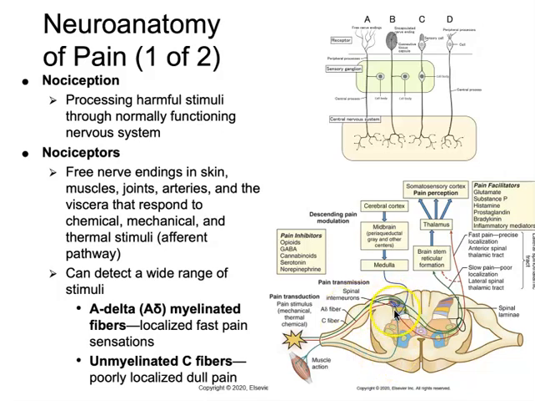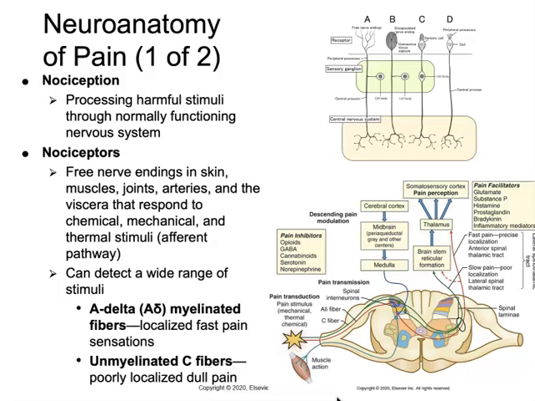If it's a painful stimulus that we need to use our muscles to pull away from, we're going to go in this direction, for instance, or we might connect over to the other side of the body for whatever reason. And so next, let's talk about the full pathway of pain.